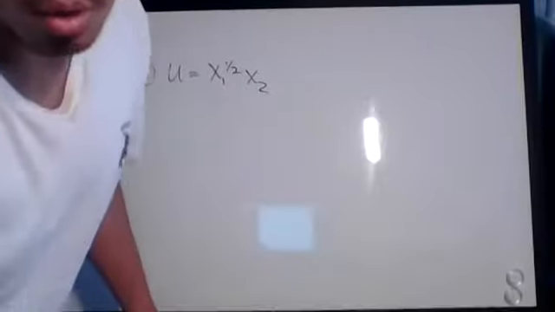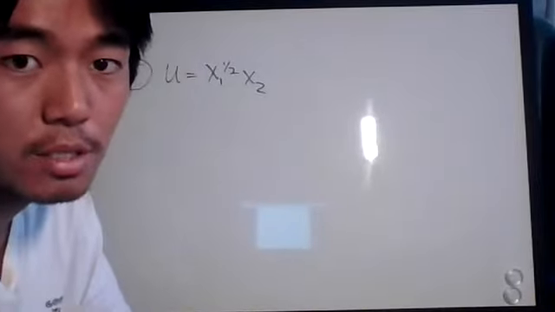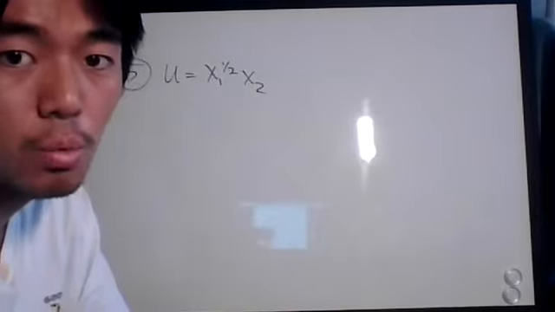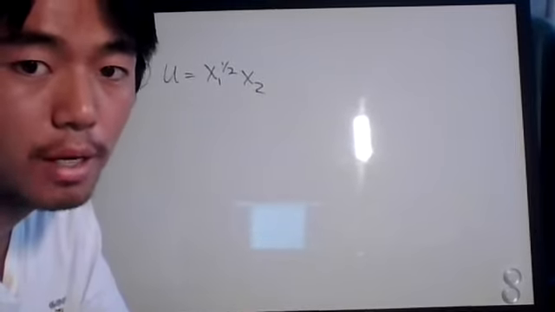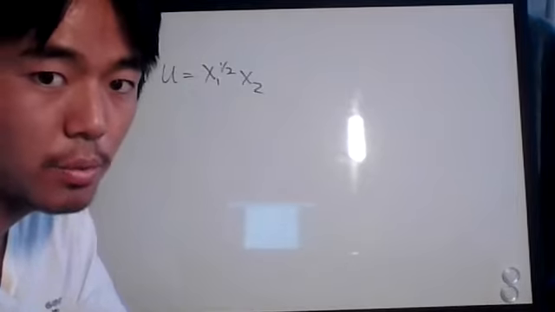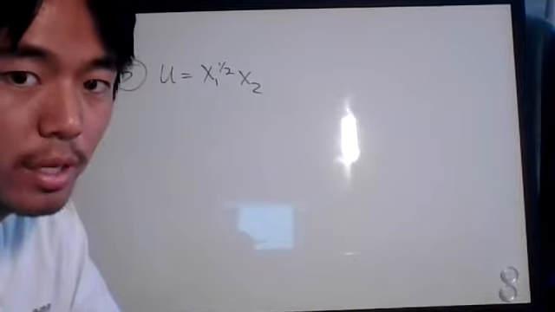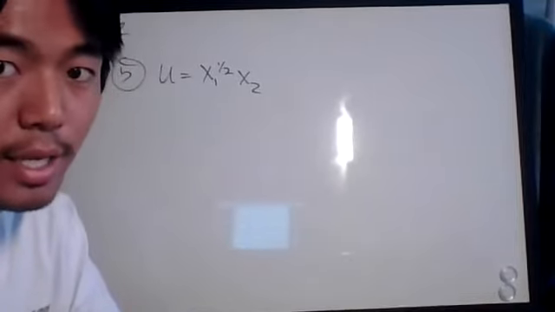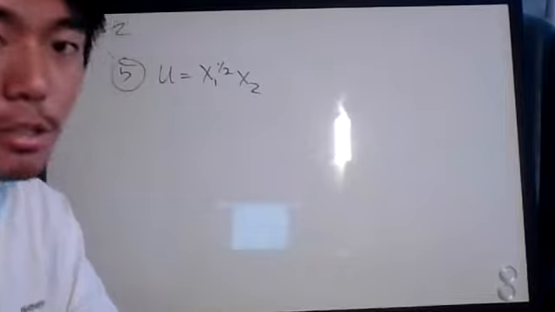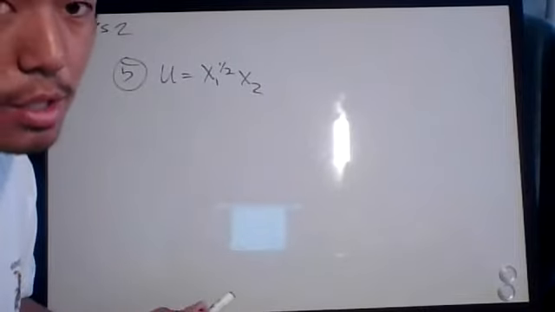And the question is, holding x1 constant, would an increase in my consumption of x2 raise or lower my marginal utility of x1? The way we can think about this is that we look at our marginal utility of x1, and if there's an x2 term, if we raise it, we want to see how that affects the marginal utility function.